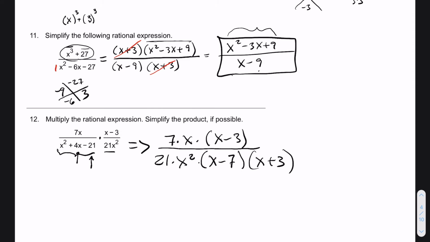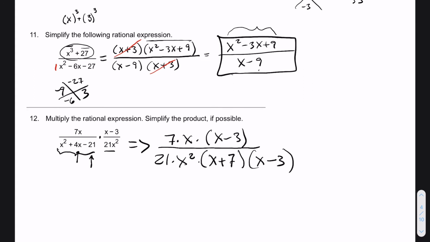No, wait a minute, what's going on here? That's not right. What multiplies to, where am I at? It should be positive 7 and negative 3. Anyways, positive 7, negative 3.